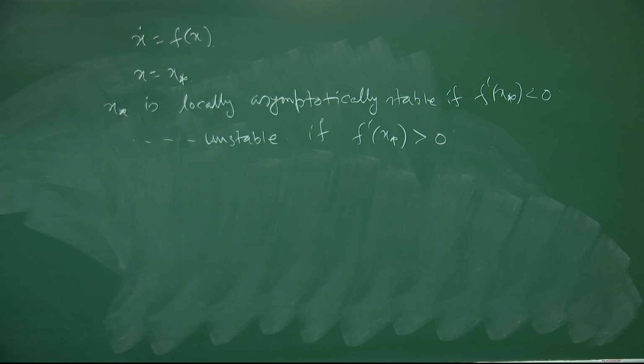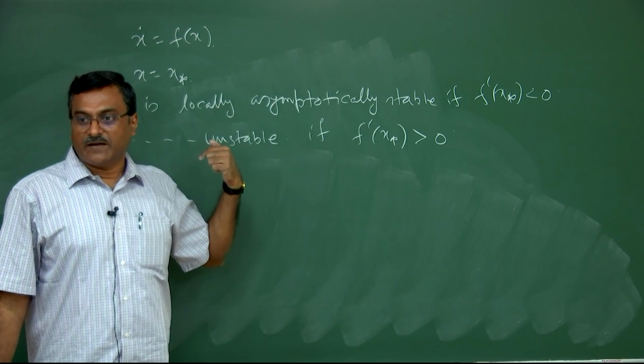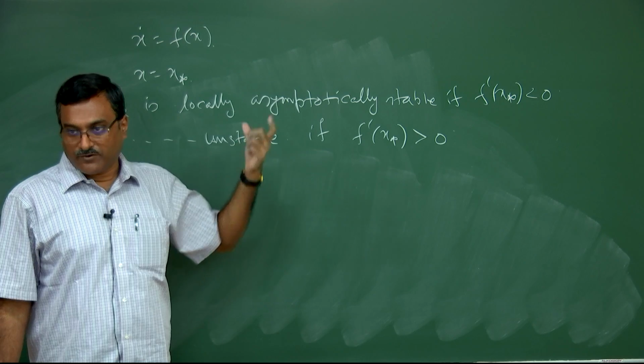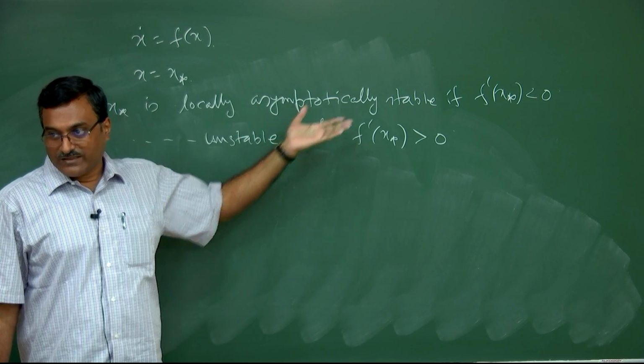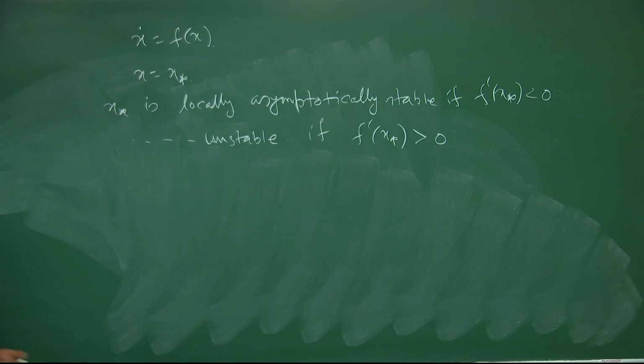Now if we apply this technique to the previous example where we obtained the stability from geometry, we can check whether these two conditions are satisfied for that particular system or not. Quickly, you can write this system as x dot equal to x squared minus 1. So this implies f(x) equal to x squared minus 1.